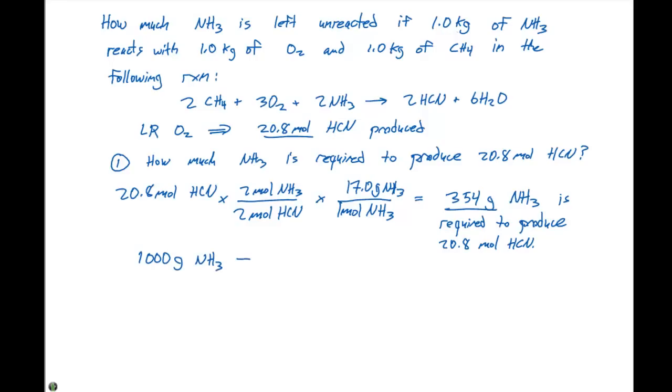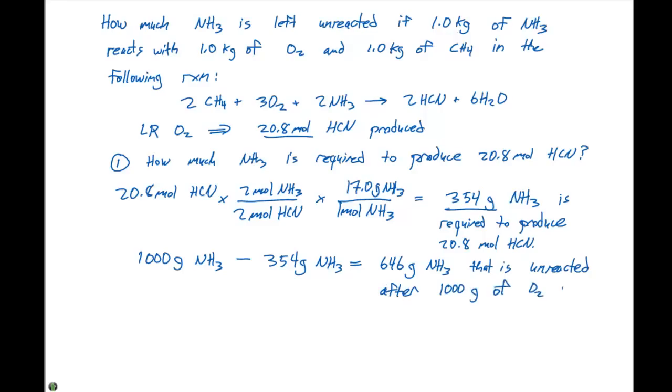We're going to subtract 354 grams, which is the amount that was required to produce the 20.8 moles, and that's going to give us 646 grams of NH3 that is unreacted after 1,000 grams of O2 is consumed.